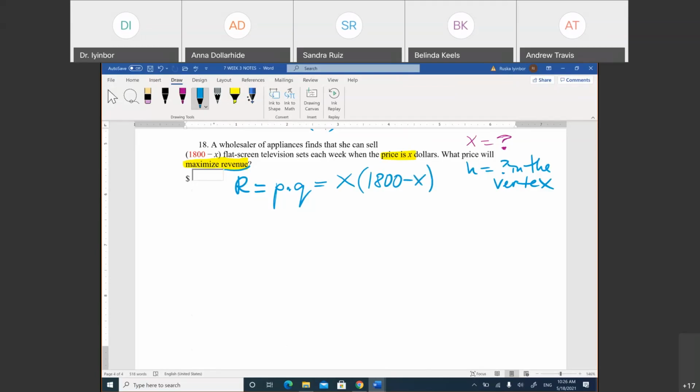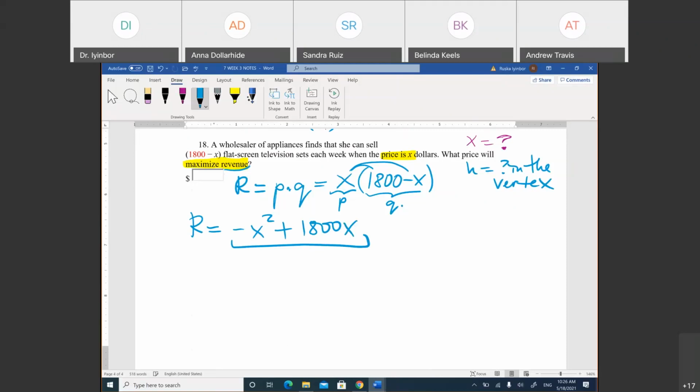So this is the price, and this is the quantity, how many of those TVs you're going to sell. Everybody understand that? So looking at my function R, the revenue is X times 1,800 minus X. When I multiply those two, I'm going to get a quadratic function. So the revenue function is going to be negative X squared plus 1,800X. So this is my revenue function.